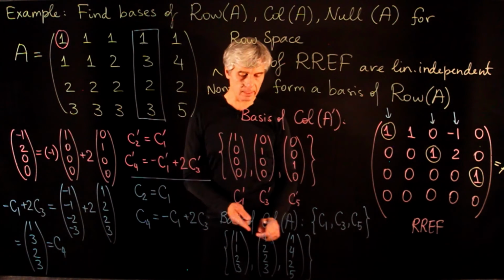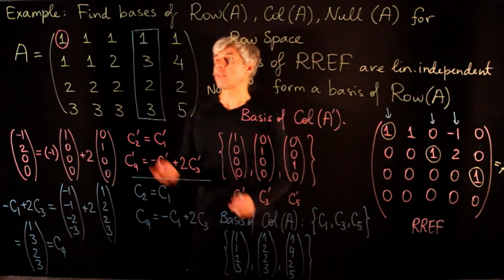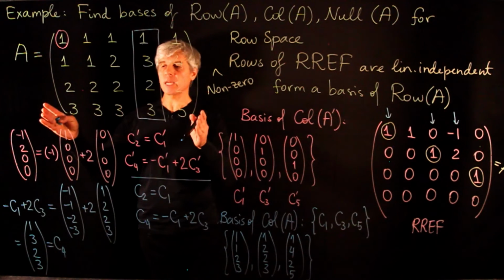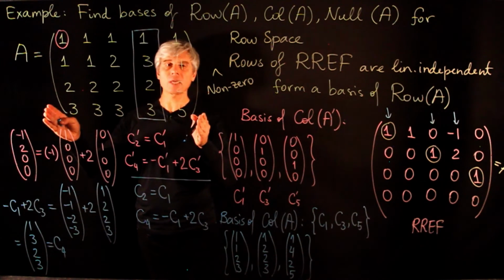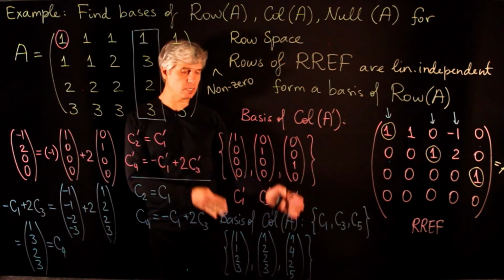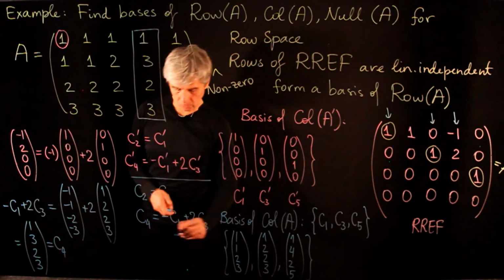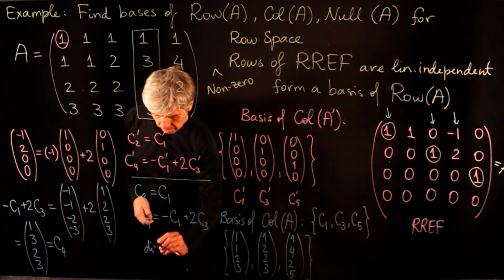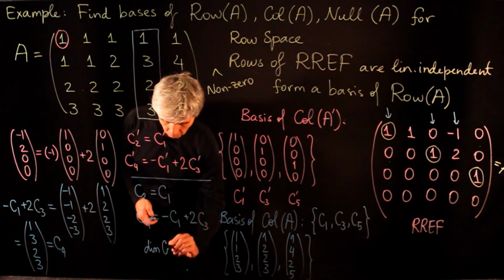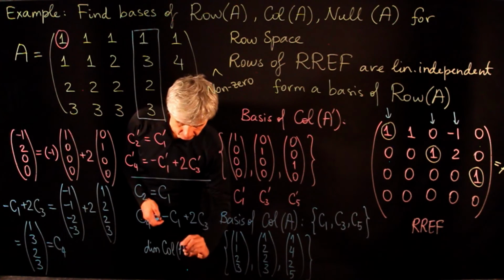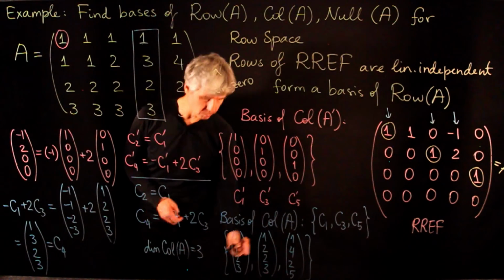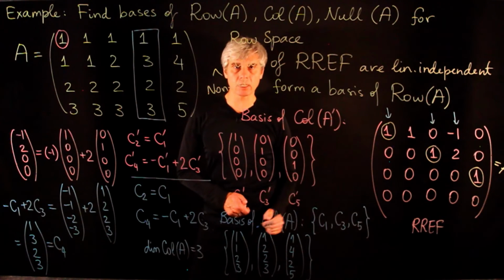So we take column 1, column 3, and column 5. These columns will form the basis of the column space of the original matrix. So now we just keep the indices and go to the original matrix. And so in particular, we see that the dimension of the column space of A is equal to 3, because we have 3 vectors in the basis.